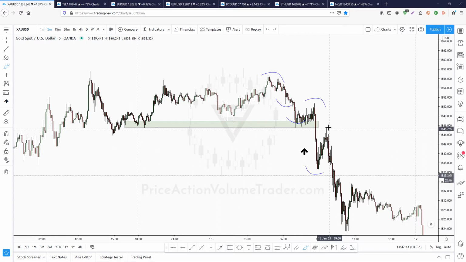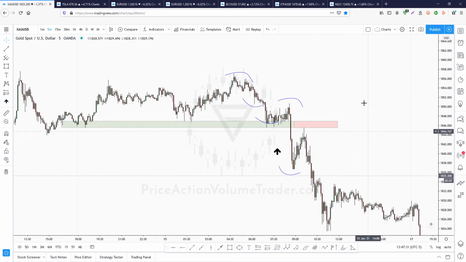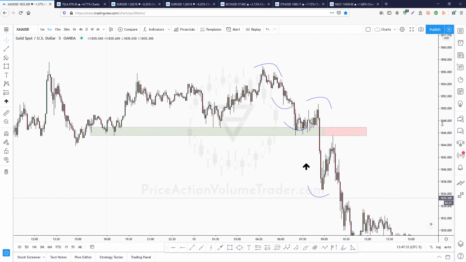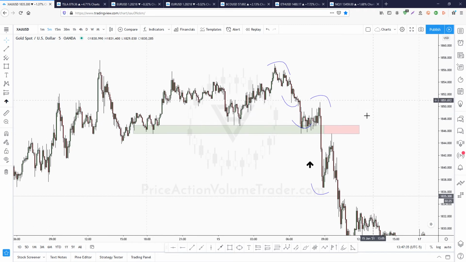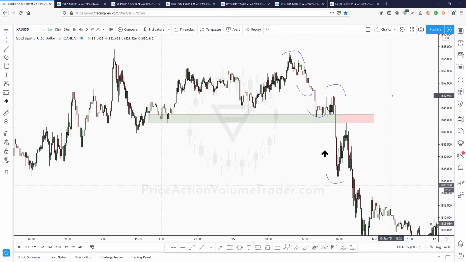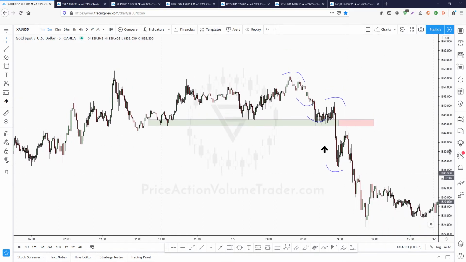But still, once we break this cleanly, we come back and it's a pitch perfect touch back right into the lowest level and immediate rejection strongly to the downside.